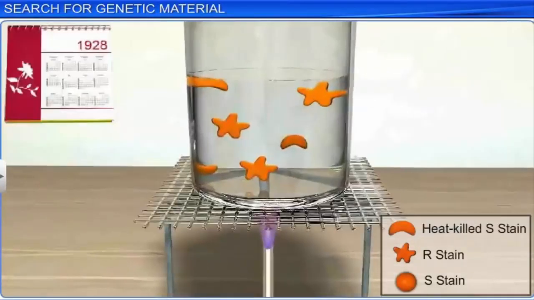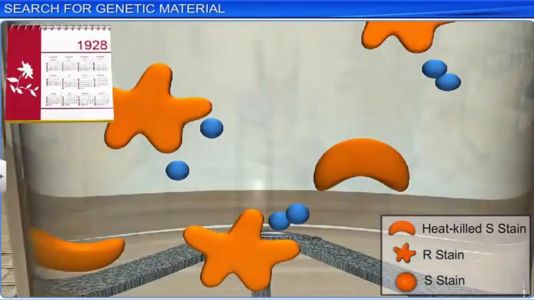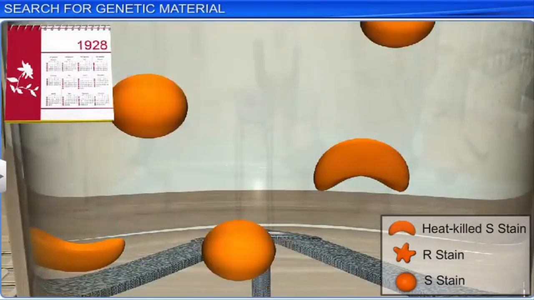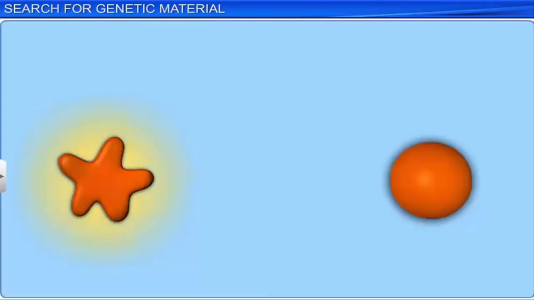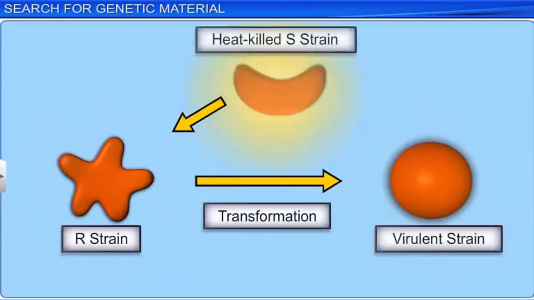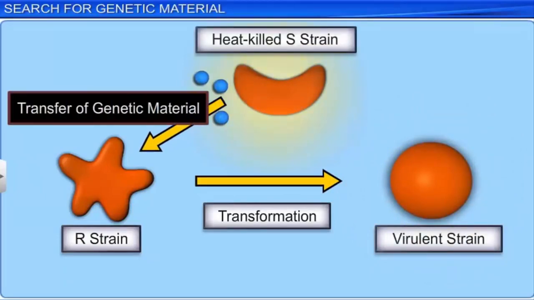So on the basis of this experiment, Frederick concluded that the heat-killed S strain bacteria had somehow transformed the R strain bacteria. He also concluded that the reason why the R strain bacteria produced a smooth polysaccharide coat and became lethal or virulent was because of the transfer of some genetic material from the heat-killed S strain bacteria.